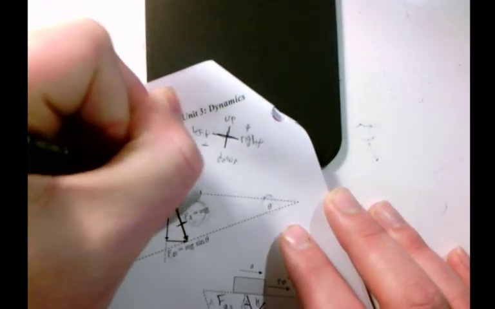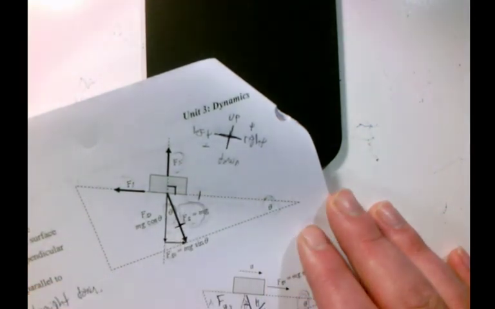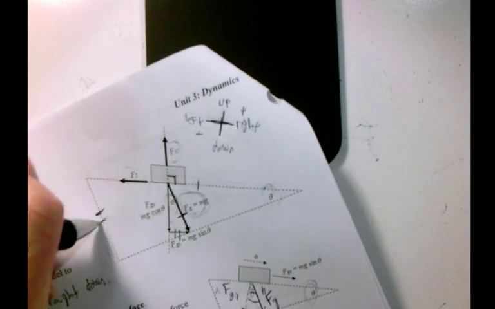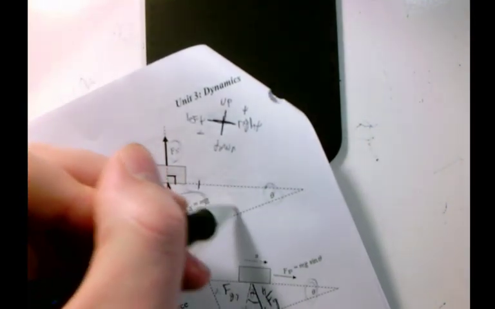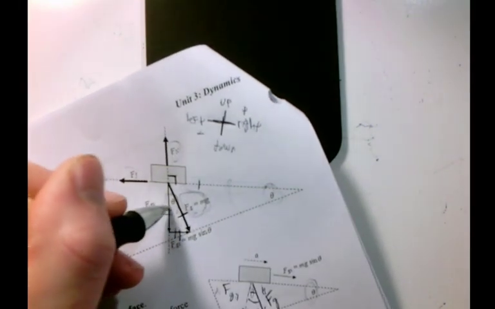I'll mark that with just one hash mark. Those are the similar sides, right? And we have an opposite side, and then between our hypotenuse and this angle, we have an adjacent side, which would be the bottom of this one.